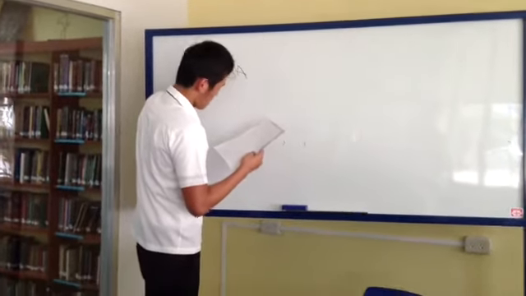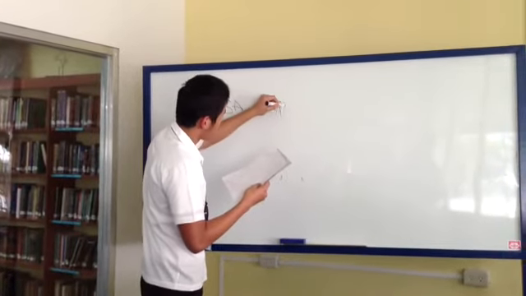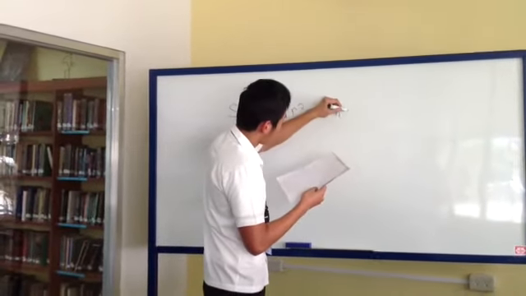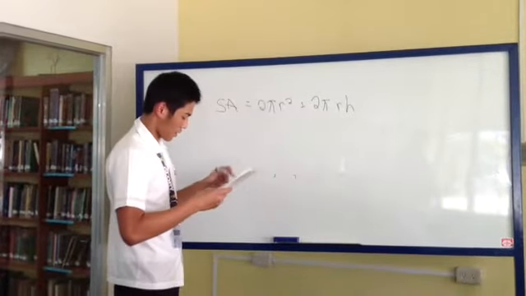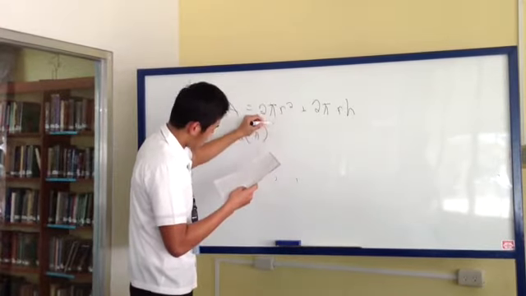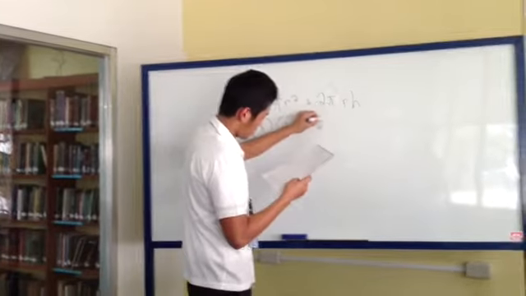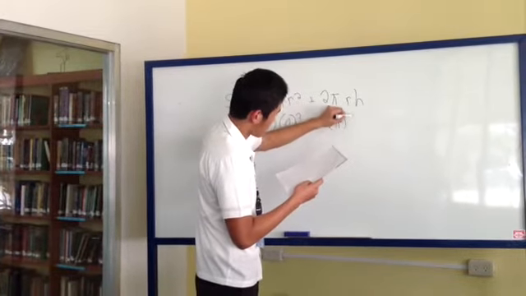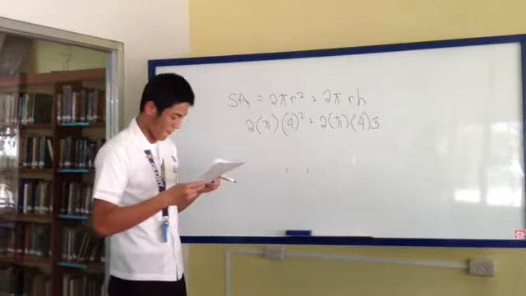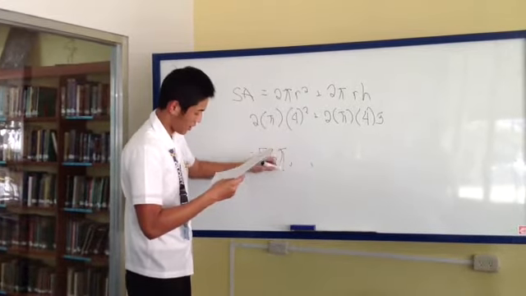The surface area is equal to 2 pi r squared plus 2 pi r h. 2 multiplied by pi, then multiplied by 4 squared, plus 2 pi multiplied by r and 3. The answer will be 56 pi.